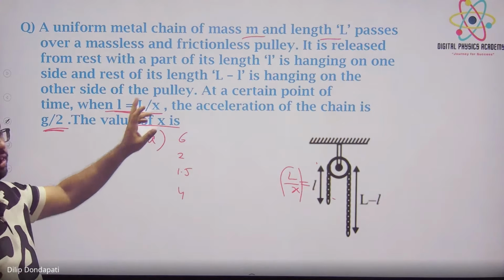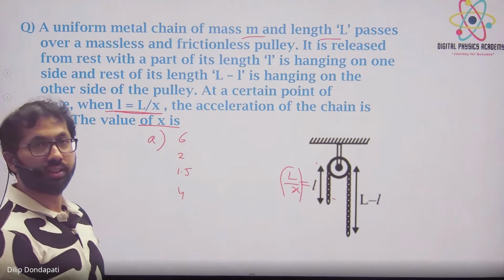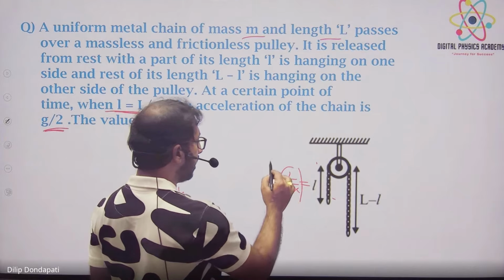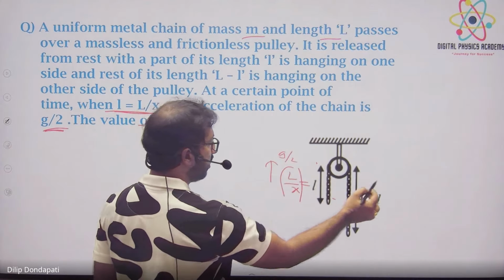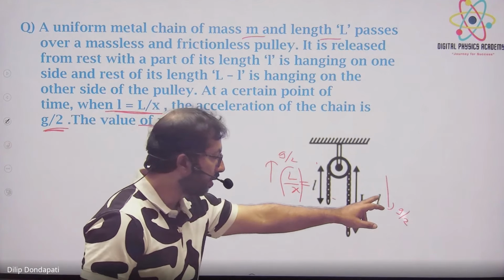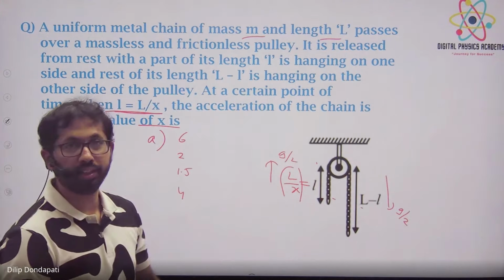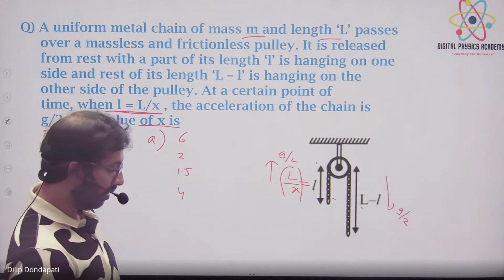The value of x is how much? मतलब इसका acceleration is g by 2, इसका acceleration is g by 2. So the other side is L minus l only, no? This side is L minus l. But l value here क्या है? L by x मतलब है in that. Okay, sir. Try करो.